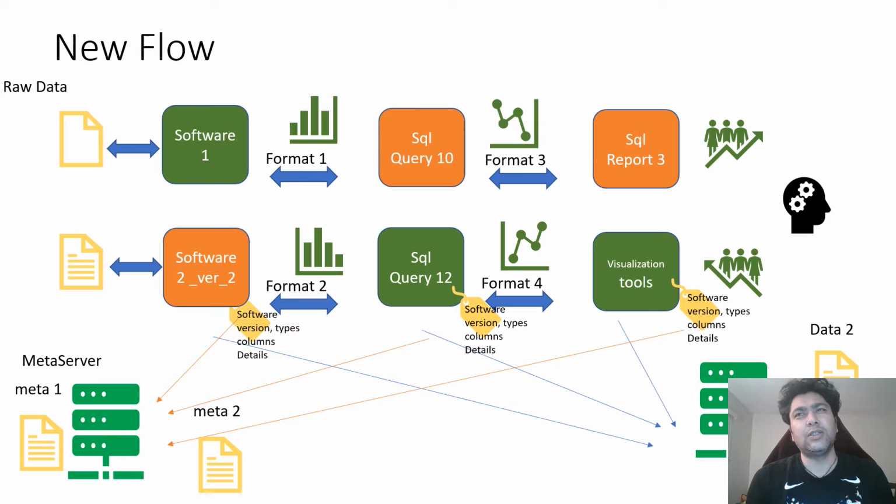We discussed that the best way of handling this was using lineage and covering things like what the software versions involved were, what the types of columns were, and the related details. If we keep track of all those kinds of information, we can make this data more usable over time. For more understanding, you can see the previous video on lineage.